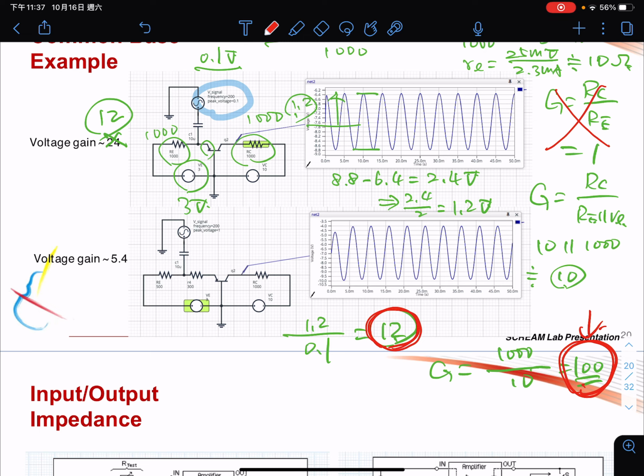That's why I want to tell you that although you can calculate, sometimes it just cannot be very close to the idea you want. You have to go through the simulators.